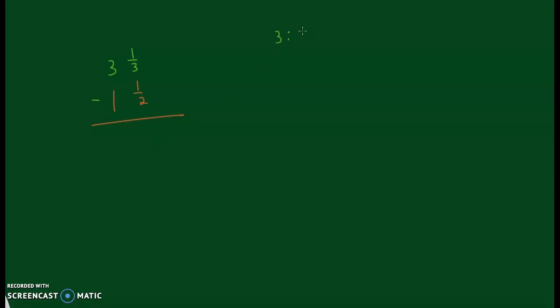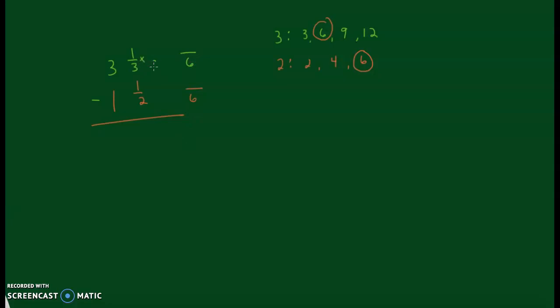Multiples of 3: 3, 6, 9, 12, and then my multiples of 2: 2, 4, 6, and 6 is my least common multiple. So I'm going to make equivalent fractions using 6 as a denominator.